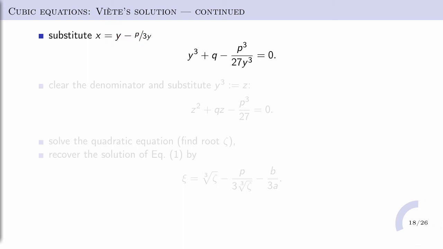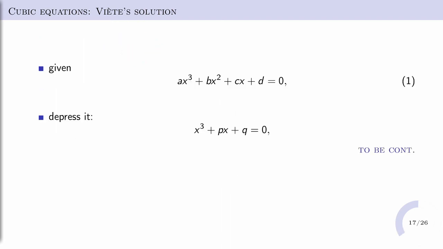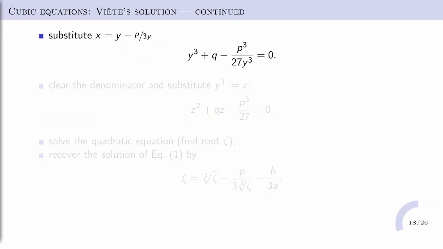This way, if we substitute this in place of x here, we arrive at this rational expression, and we want to get rid of the y cube in the denominator, so we multiply both sides by y cube, so we get y to the 6th power plus q times y cube minus p cube over 27, and instead of y cube, we write z.